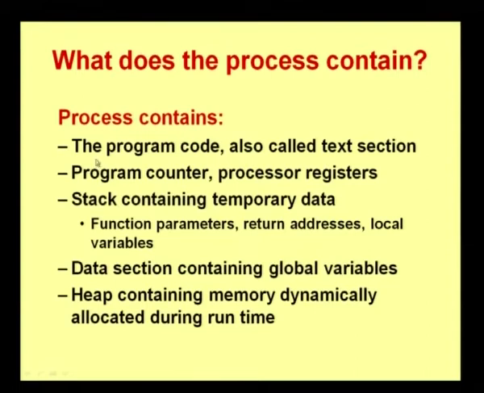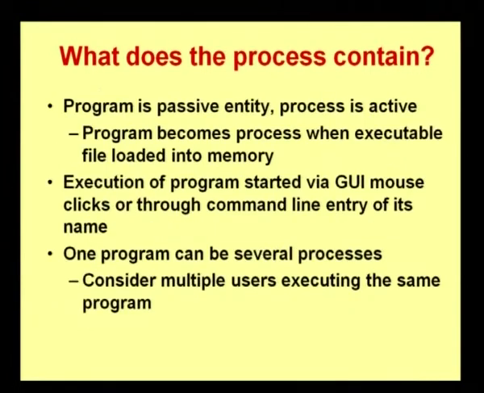A process contains the program code, also called a text section, a program counter, process registers and the stack. The stack contains temporary data, such as function parameters, return addresses and local variables. Then we have a data section, which contains the global variables as well. The heap contains the memory.